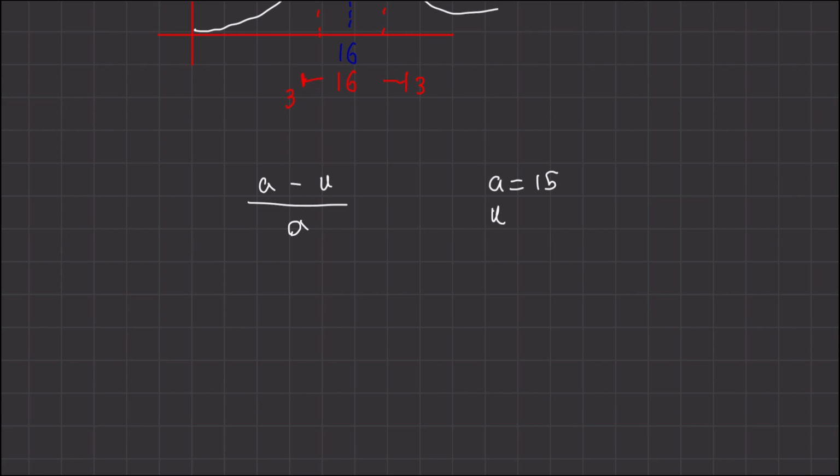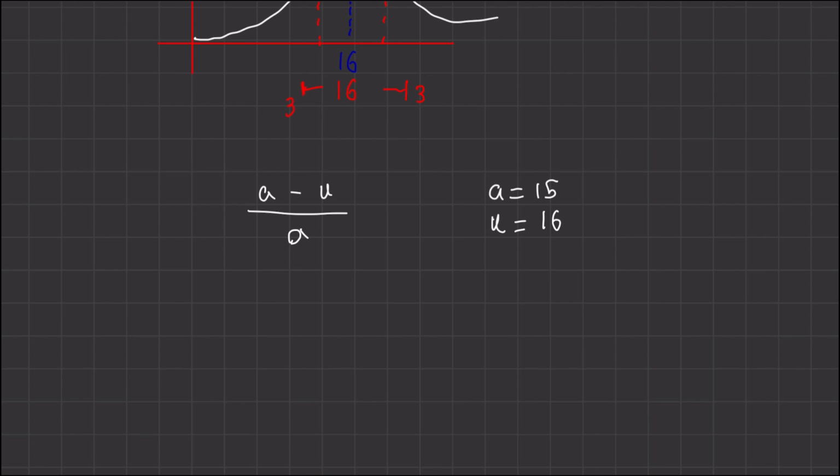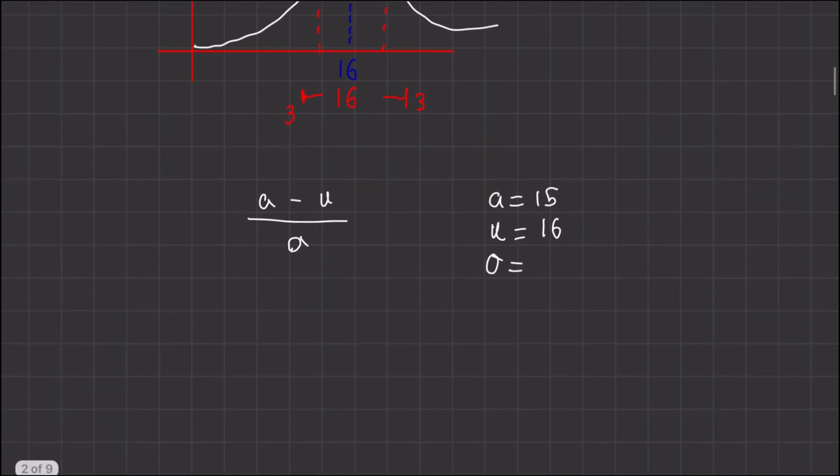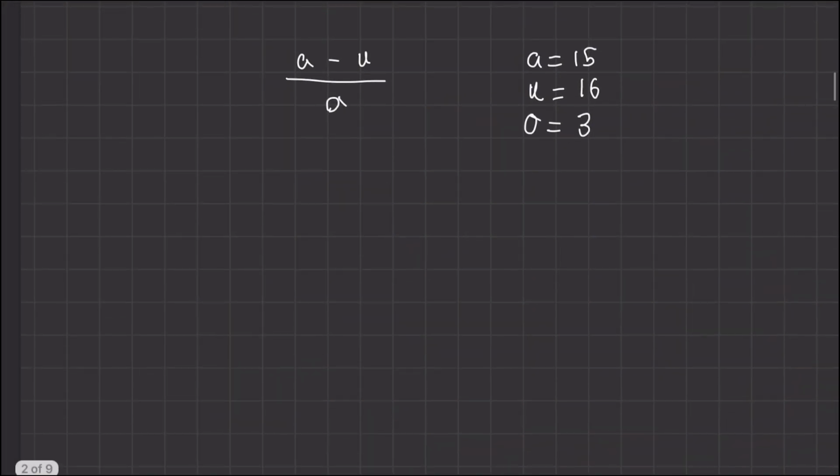Mu represents our mean or average value, which is 16, and sigma represents our standard deviation, which is 3. So now, if we plug it into the equation, we can see 15 minus 16 divided by 3.